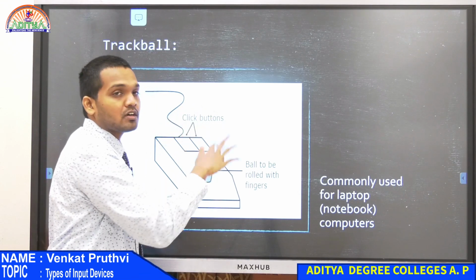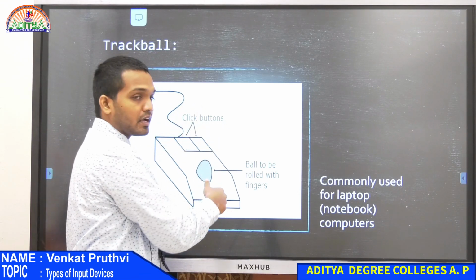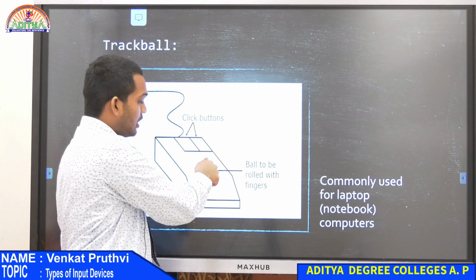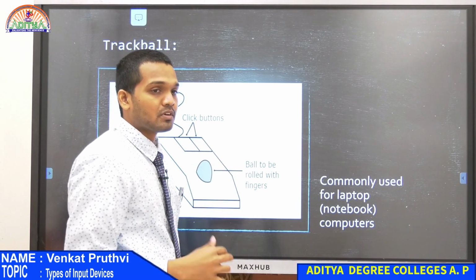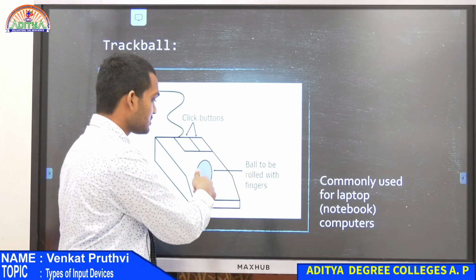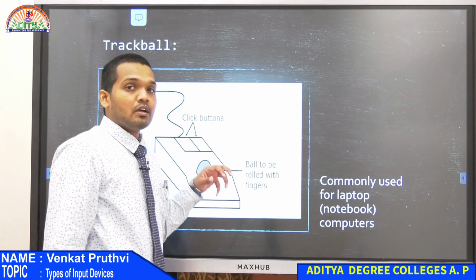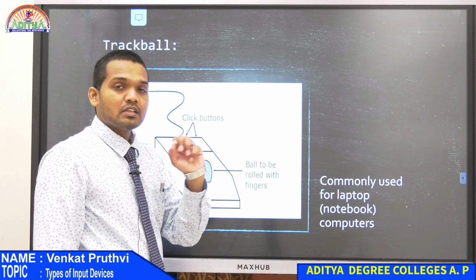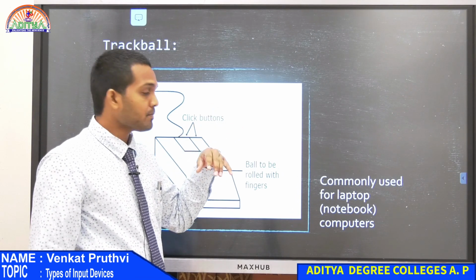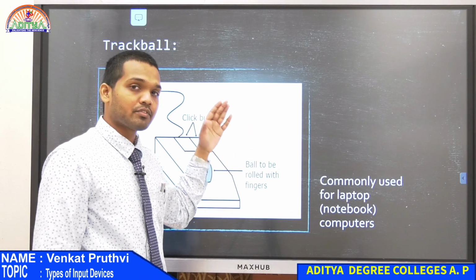So, instead of moving the whole device, they had a trackball feature. If you operated this trackball with your thumb or whatever is comfortable, but mostly it was the thumb, it used to move the arrow that is present on the graphical user interface.